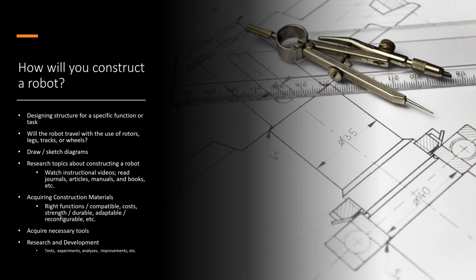You may even need instruments to test your builds, like finding out if you have the right power or battery rating for your motors, so you may need a multimeter. And then you can proceed with your research and development. You find ideas and concepts, you use them, you adapt them, and you develop your robot.